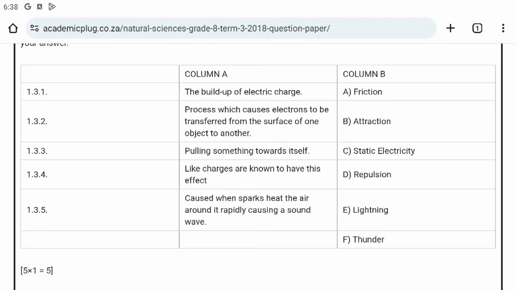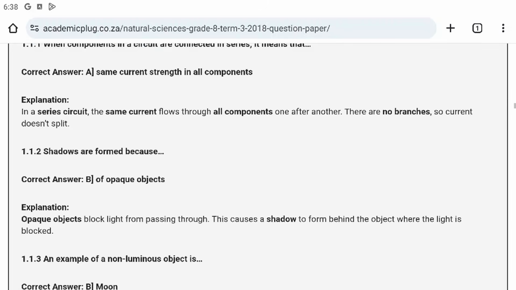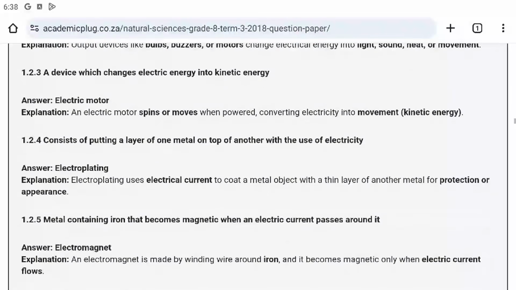I like to do this before I answer these questions, just to make sense of them. There are the questions in column A and the answers in column B, so that when I start matching them, I know which direction to look. Column B is friction, attraction, static electricity, repulsion, lightning, thunder.